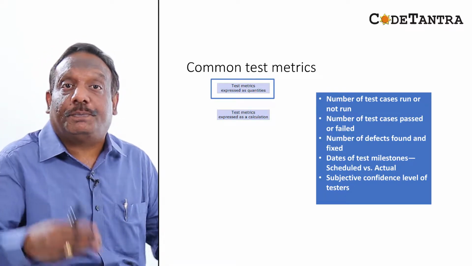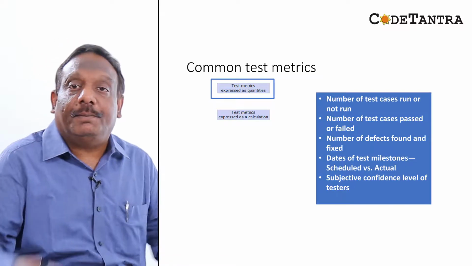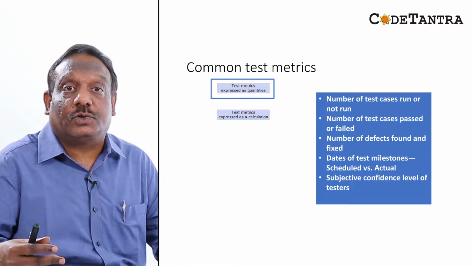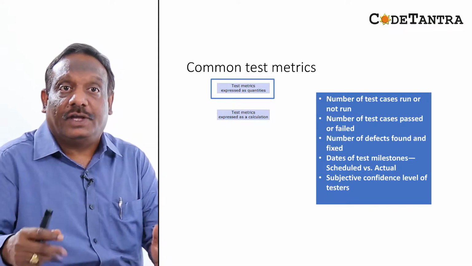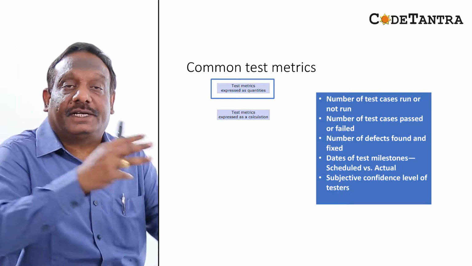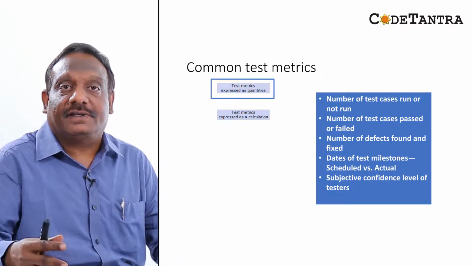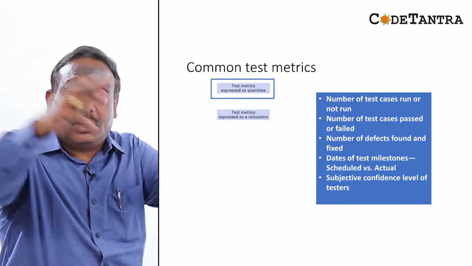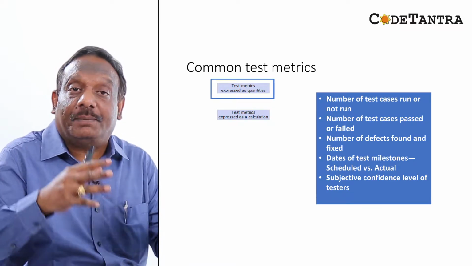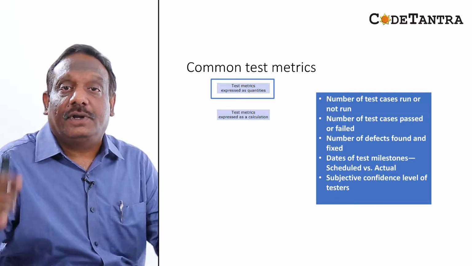Number of test cases passed or failed, number of defects found and fixed, dates of test milestones scheduled versus actual. These are all simple measures, simple numbers, they are quantities. Subjective confidence level of testers calculated using some surveys. These are all examples of test metrics that can be expressed as simple quantities.